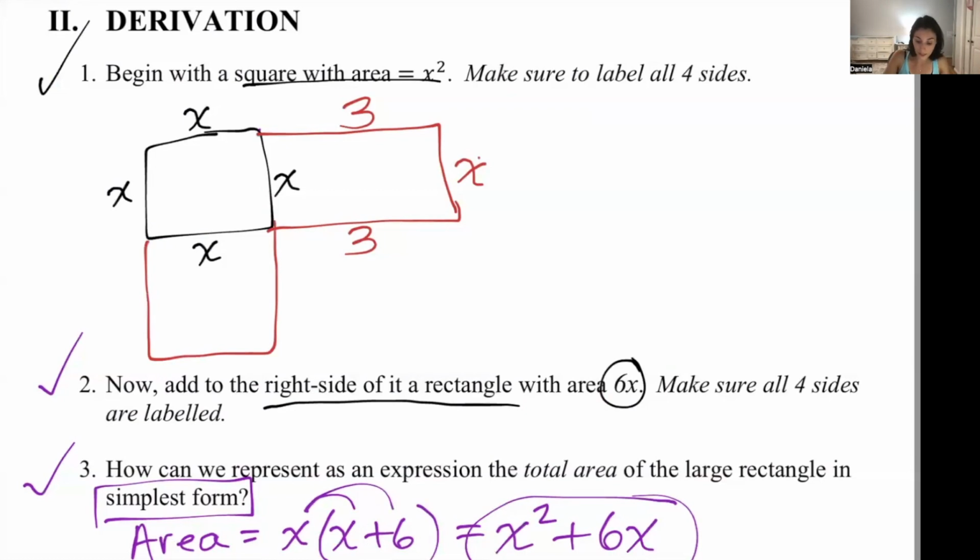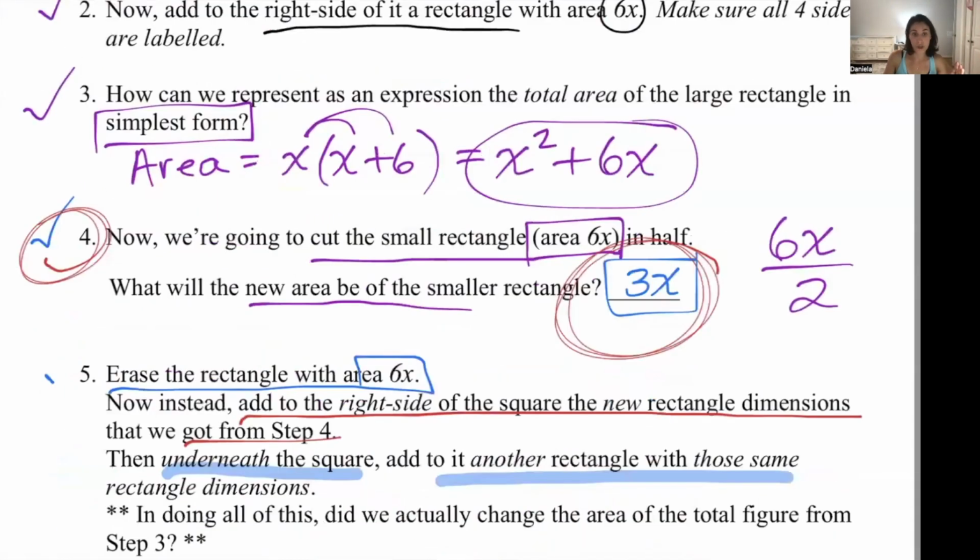We didn't actually change the area, because we cut it in half. If this is x, opposite sides are equal, so that has to be x. For it to be an area of 3x, those two sides are 3.